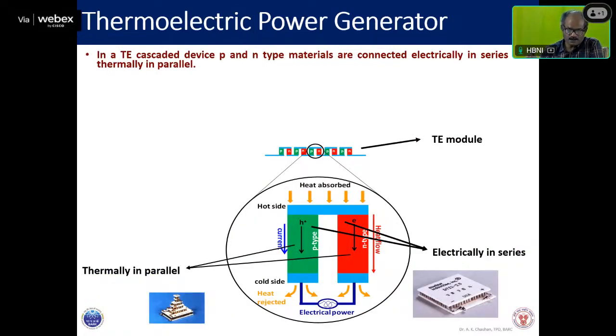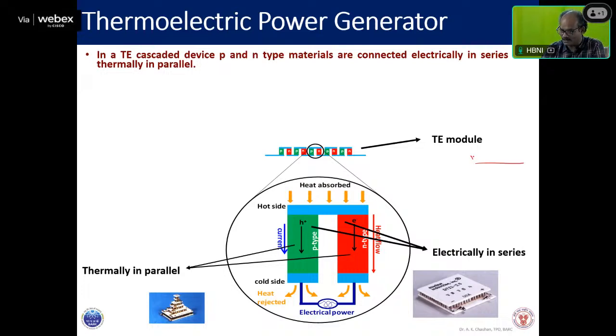So in a cascaded device means when you have added several devices, you can add these kinds of devices in series electrically, because the upper side is always at higher temperature and the lower side is at lower temperature, and the temperature difference is the same, so that is in parallel.